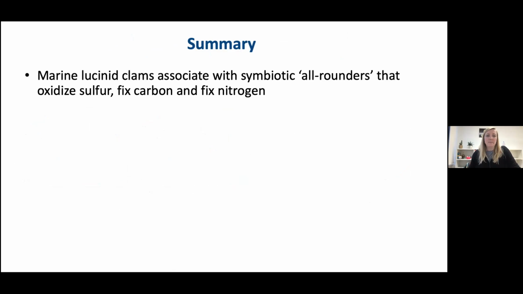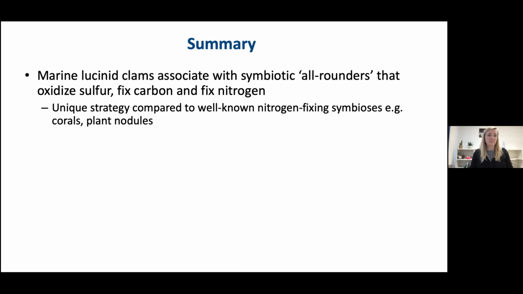So just to sum up, through our work, we found that marine Leucinid clams associate with symbiotic all-rounders that oxidize sulfur, fix carbon, and can fix nitrogen.